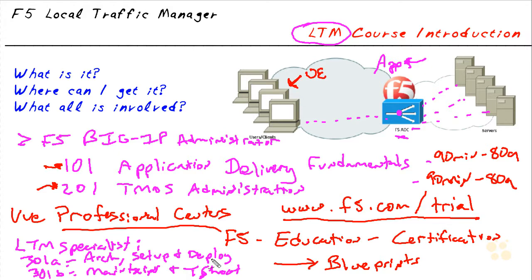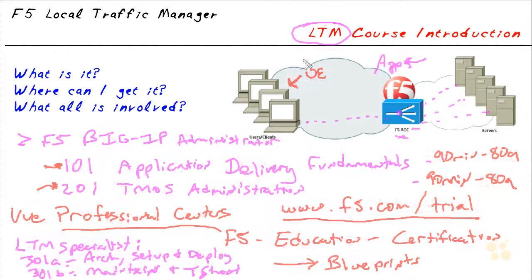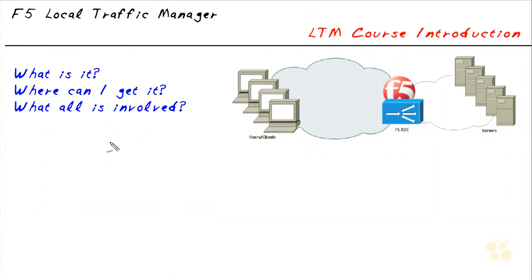F5, again, is going to be in your network regardless of whether you get a certification out of it. This can be a very valuable course for knowing how to do your local traffic management and be able to deploy these and work with your applications and use them in your network. Now, what I cover in the course is really going to be a good outline for how we actually set things up. We're going to cover all the details as far as virtual servers go, which does end up having many pieces, like profiles and all that jazz.